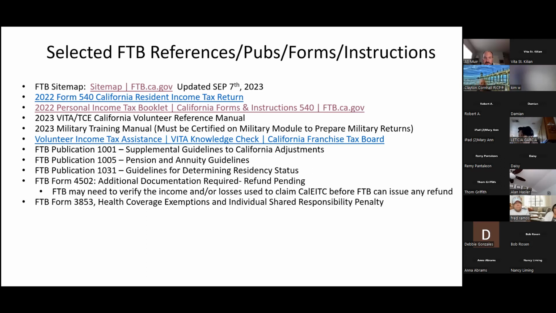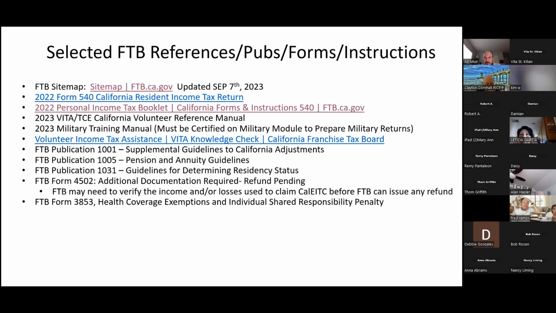And then the personal income tax booklet for California is kind of like the instructions to the Form 1040 for the IRS. That particular booklet is very detailed, and it has line by line instructions. We know about the 4012 as a go-to document for the IRS Form 1040.